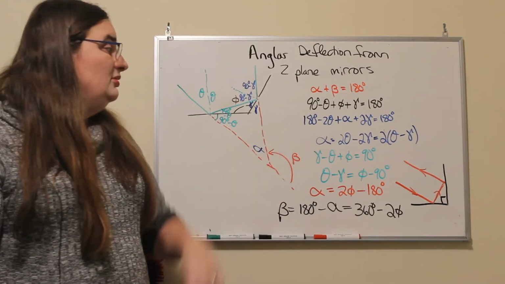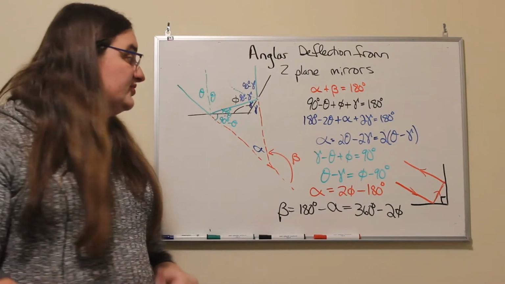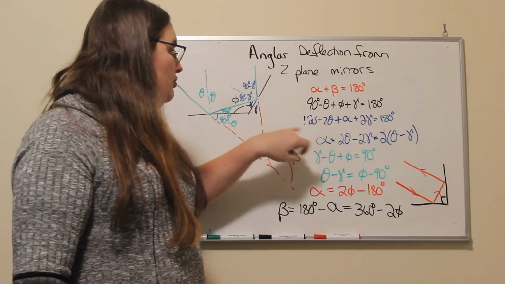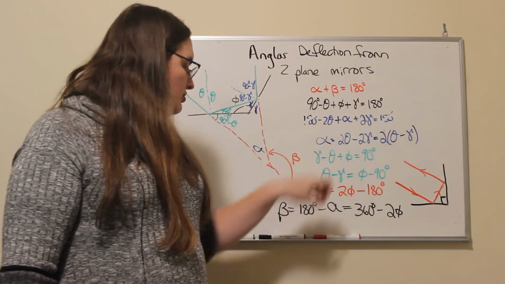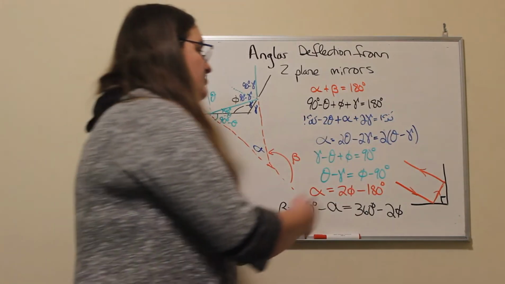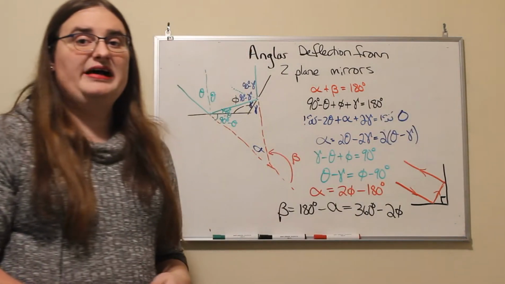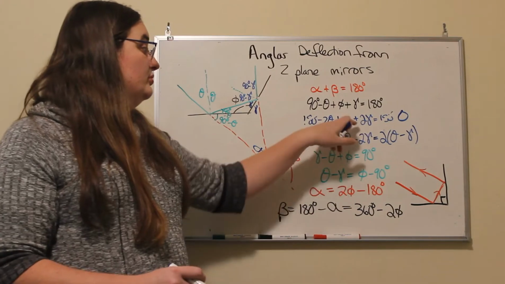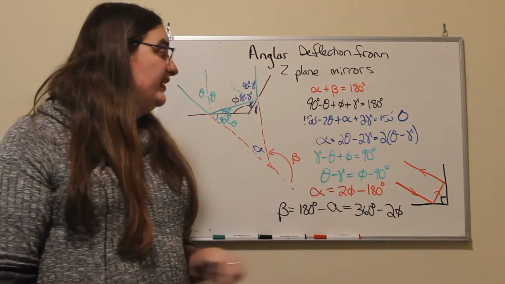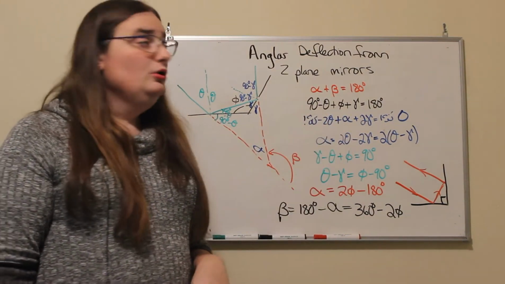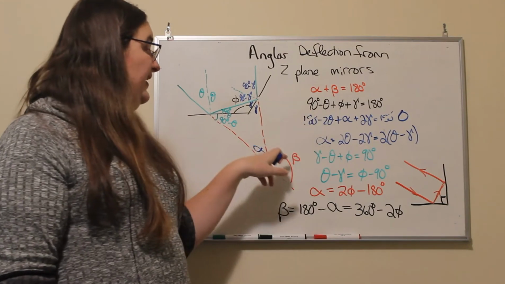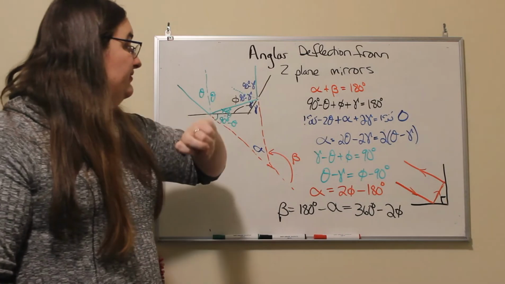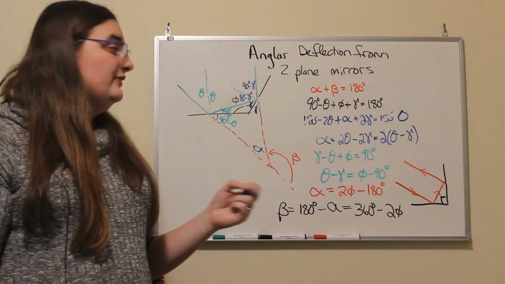So let's start simplifying some things. Here I have 180 degrees on both sides of the equation, which means that 180 degrees cancels out. And I'm just left with 0 equal to 2 gamma minus 2 theta plus alpha. Well, I want to find this angle beta, so if I can find my angle alpha, beta is just 180 degrees minus alpha.